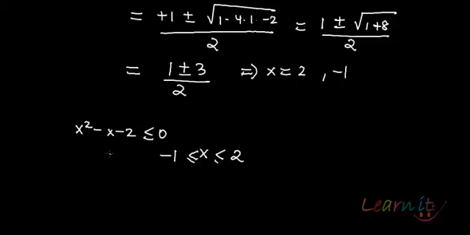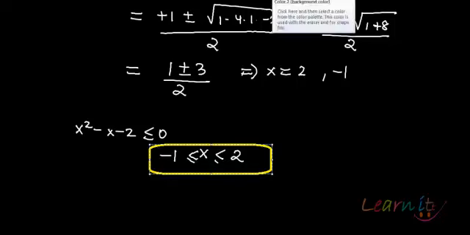In that scenario, it will be less than or equal to 0. It will be 0 when x equals minus 1 and 2, and at other places within these two numbers, it will be a negative number, a negative expression. Okay.